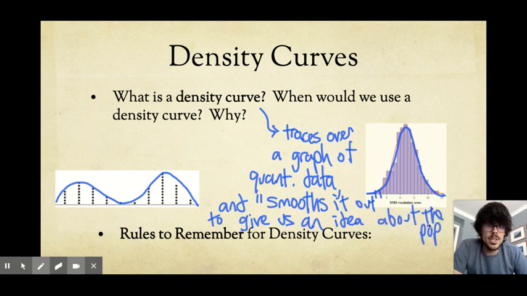So the whole idea with the density curve is you kind of make a quick, just smooth picture of what the population basically looks like. So we can use that theoretical graph to analyze the situation in more depth.